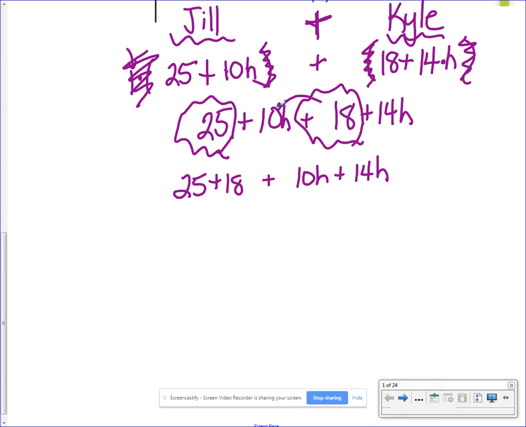So all I did really was I just changed the order, and now I can say, hey, my associative property says I can group these two together and combine them now into one number. I can take these two terms together. Since they're like terms, they both have an H. I can combine those two together, but that's it. This has H's, this does not.